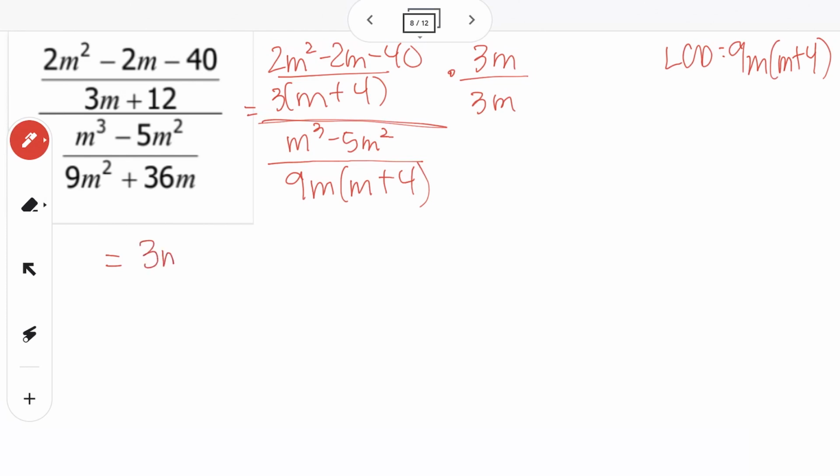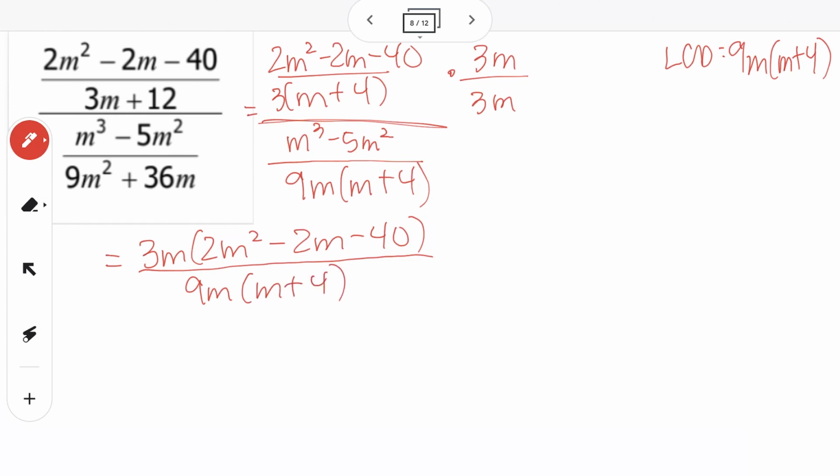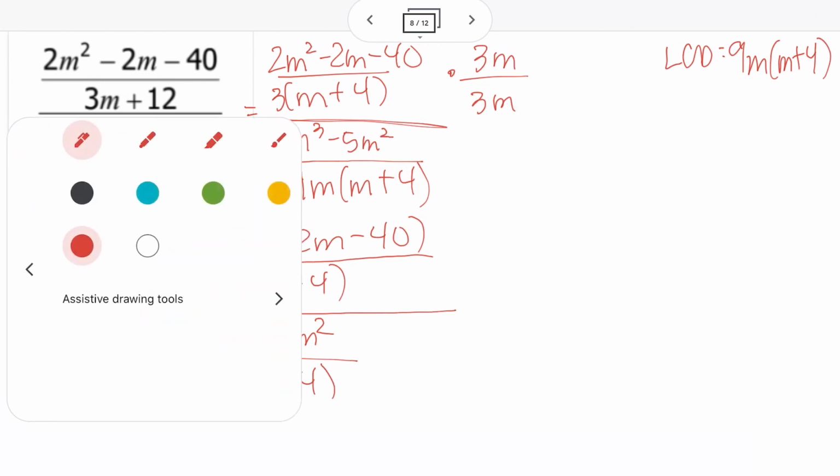So this is going to become 3m times 2m squared minus 2m minus 40 over 9m times m plus 4 all over, this one gets a little big for a second, m cubed minus 5m squared, and then little fraction 9m times m plus 4.